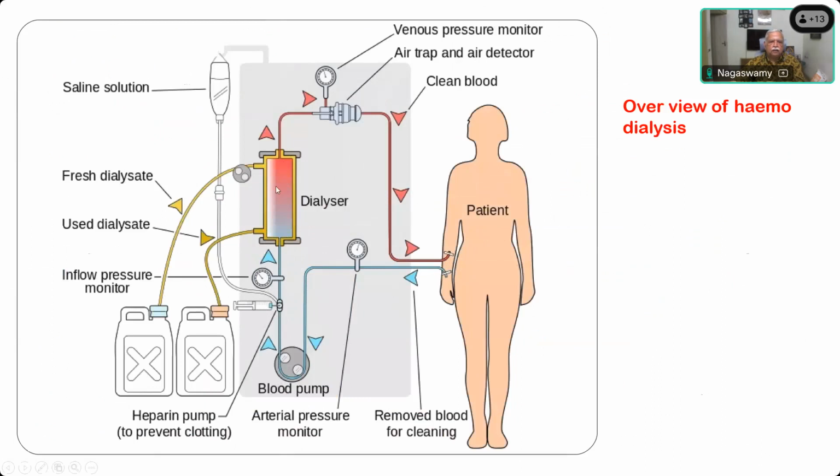Then it goes to the dialyser, and the dialysate fluid goes in through this compartment in the opposite direction. Blood is going in this direction, and once the filtration is done, it comes out to the discarded collector, and the purified blood comes back to the patient through the same dilated veins that have been created by the AV fistula. So this is the whole thing, and you can add the saline solution either here or in this line also, depending upon the amount of volume that you want to replace.